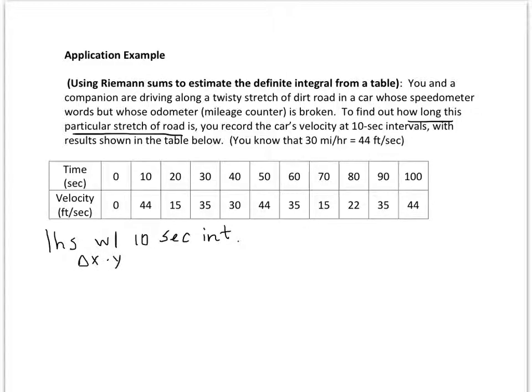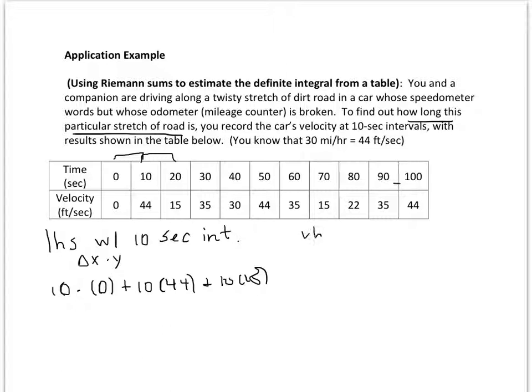If I'm doing left-hand sum with 10-second intervals, then my change in x is 10 times, left hand, I would use the y value on the left, so 0, plus, I'd do it again, 10 times 44, plus 10 times 15, and so I'm stopping at 10 times 35.